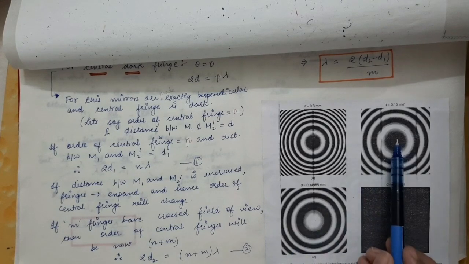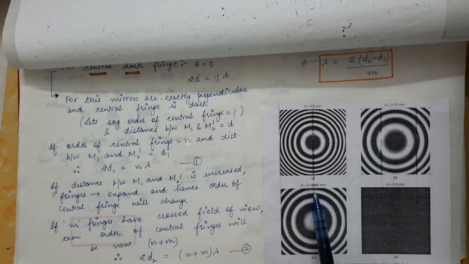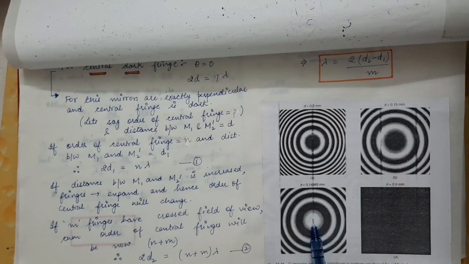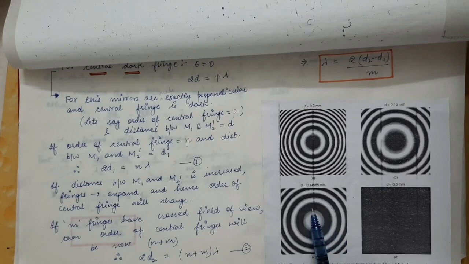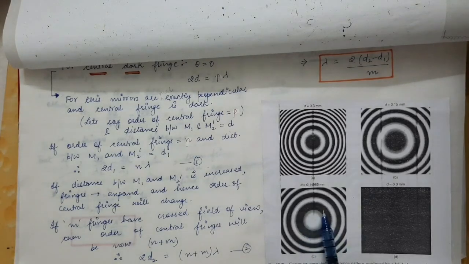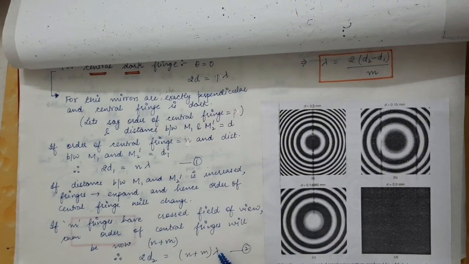Means earlier the central fringe was a dark fringe, when you decreased the distance, the central fringe became a bright fringe. Again when you decrease the distance, the central fringe will become a dark fringe again, that is, this dark fringe will collapse at the center, and this central bright spot will disappear.